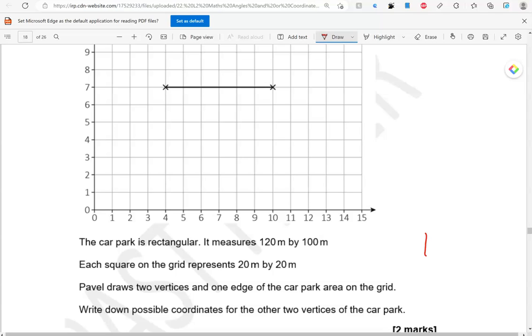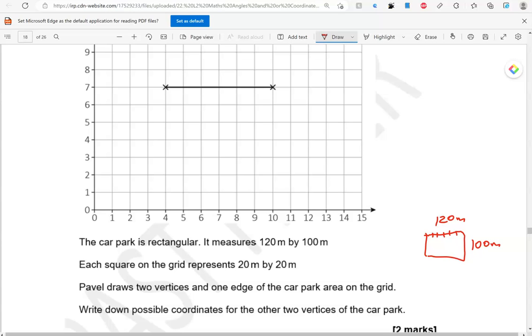So the car park is rectangular. It measures 120 meters by 100 meters. As each square on the grid represents 20 meters by 20 meters, 120 divided by 20 gives us 6. So the length is represented by 6 square lengths, so we've got 1, 2, 3, 4, 5, 6.